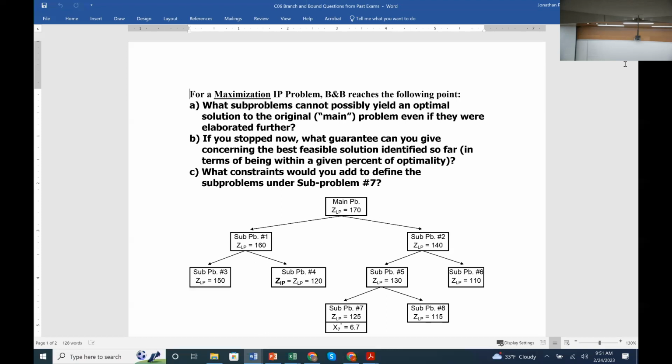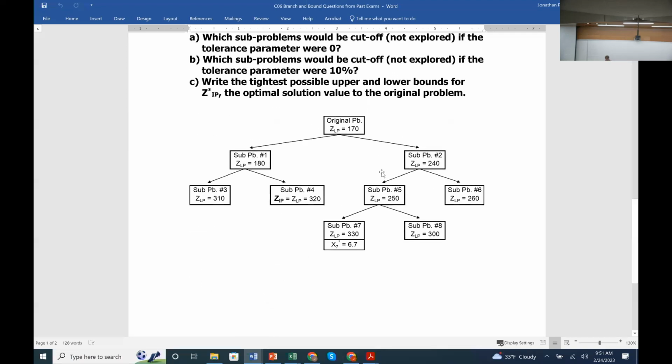No, so if we had 150 as a ZLP for subproblem 6, then we take 150. 100%, yes. So it's not just that we compare the incumbent and the node right next to it? Absolutely correct. There is a best incumbent that's used for pruning throughout the whole tree, not just its first cousins that are nearby.